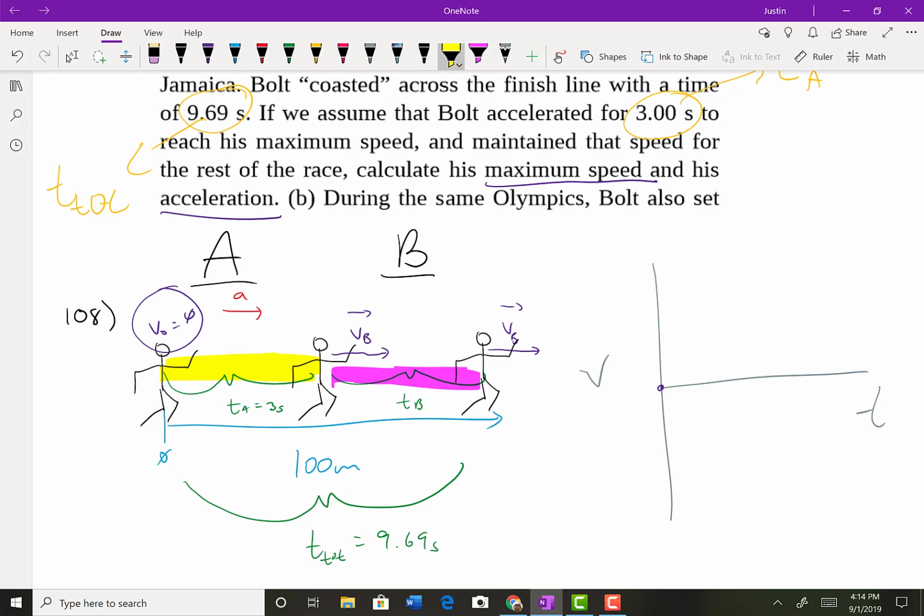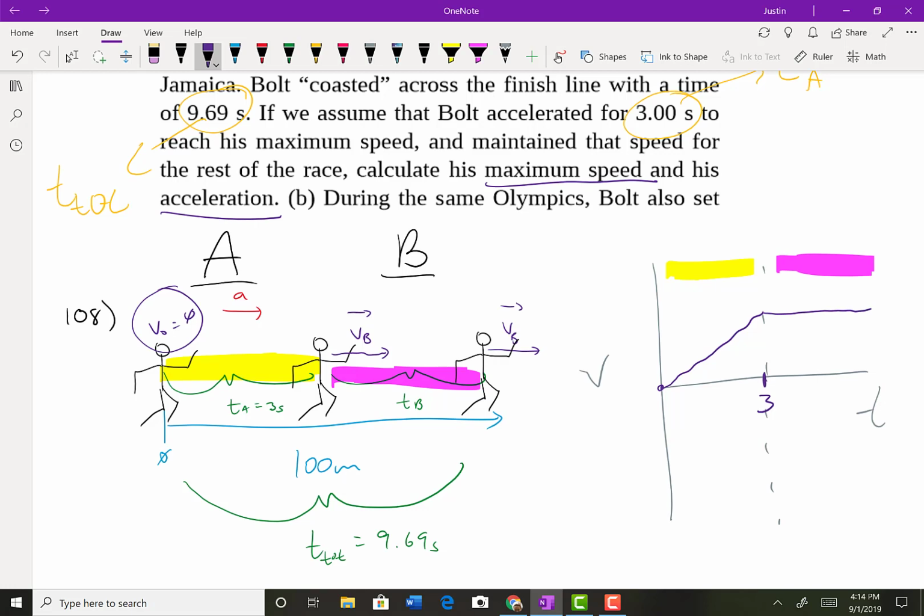I'll draw a dotted line down here, and we'll say this is part A, and this is part B. For the first part, he's going to move with a uniform acceleration, so he's going to increase his speed, and it's probably going to look something like that. Once he reaches 3 seconds, which is right here, then he's going to coast at a constant velocity, so it's just going to go flat like that.